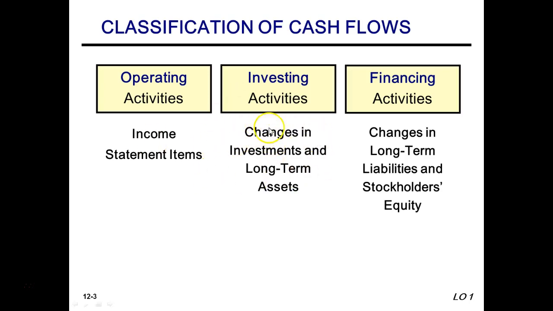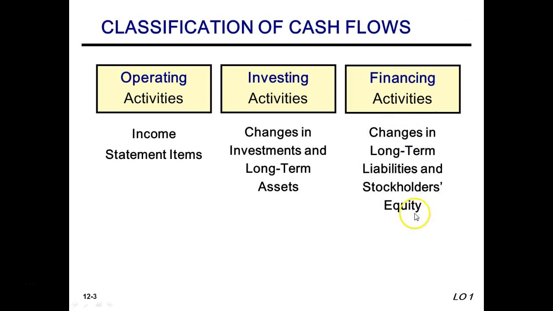Investing activities can be summarized by the changes in investments and long-term assets. A lot of the investing activities are the purchase or sale of property, plant, and equipment. Financing is how we are going to pay for something. If somebody asks how you are going to finance the car, you tell them, I'm going to go to a credit union and get a loan, or I have all cash, I don't need to finance it.